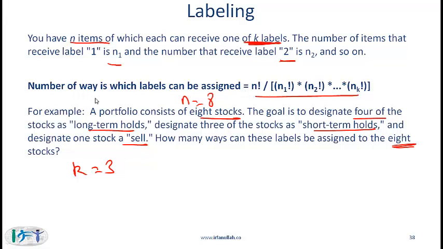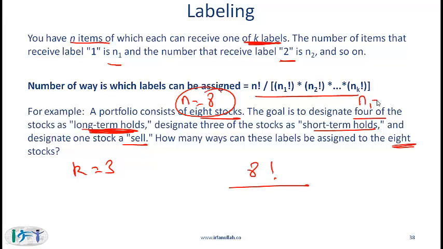The number of ways in which the labels can be assigned is equal to n factorial. So in our example, that would be 8 factorial because n is 8 over here, divided by n1 factorial. This means that for our very first label, which is long-term holds, the number that need to be under this label is 4.